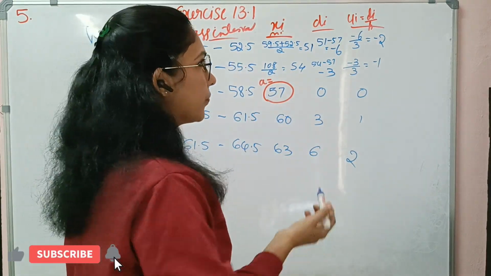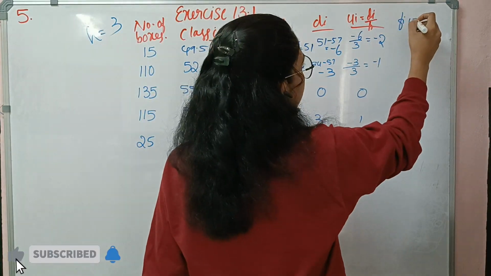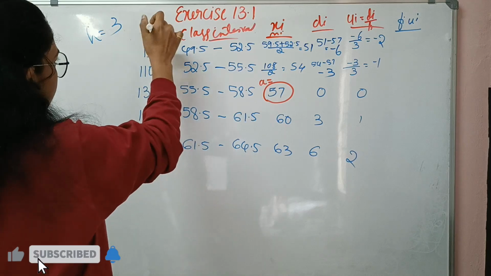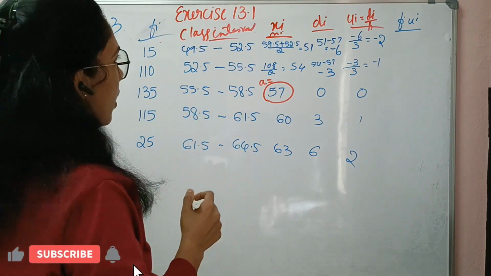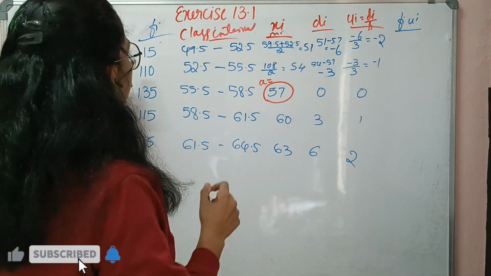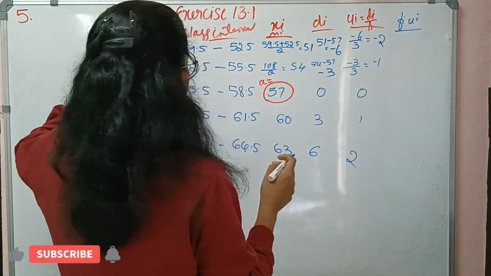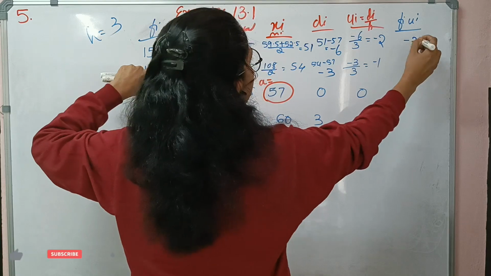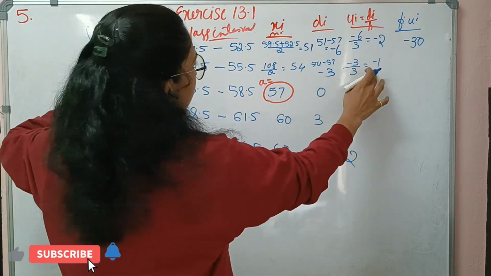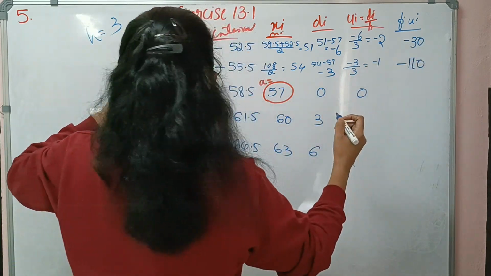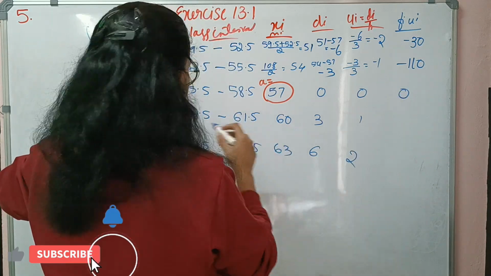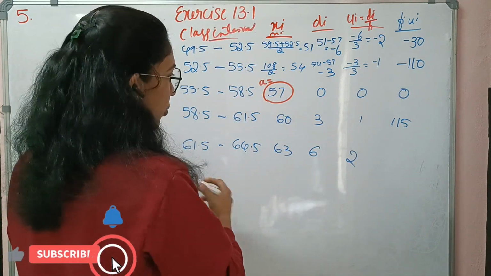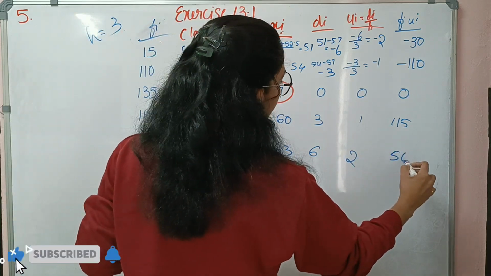Now what is fi ui? Here fi is the frequency. So fi ui is 15 into minus 2, minus 30, 110 into minus 1, minus 110. Here it is 0, 115 into 1, 115, and 25 into 2, that is 50.